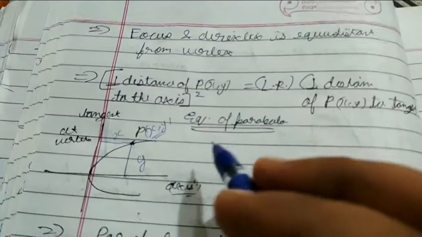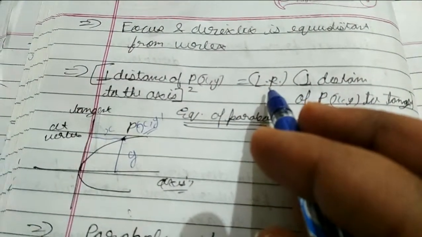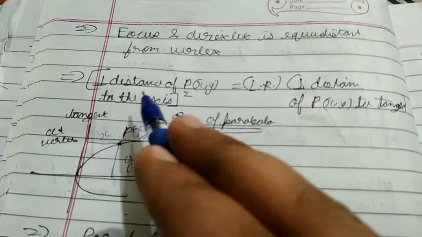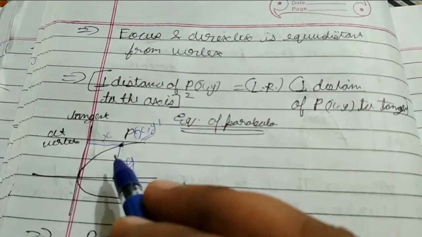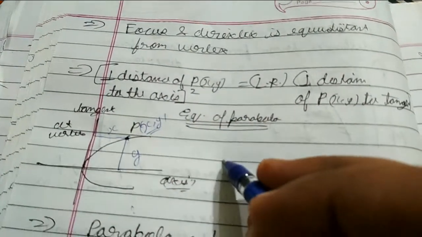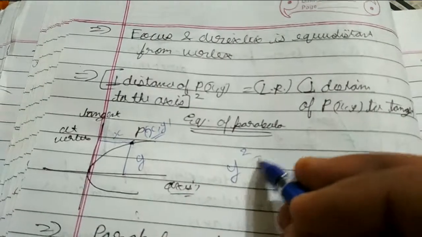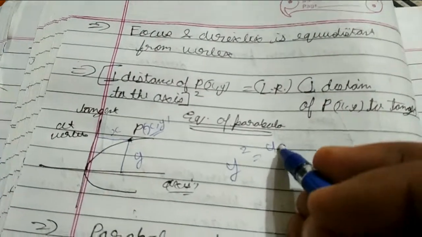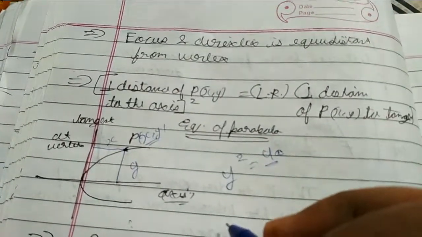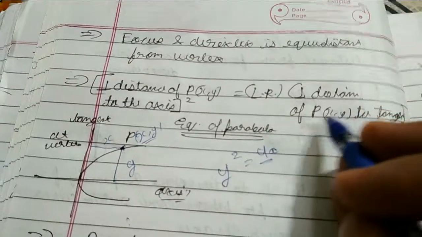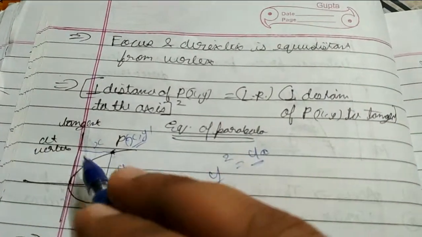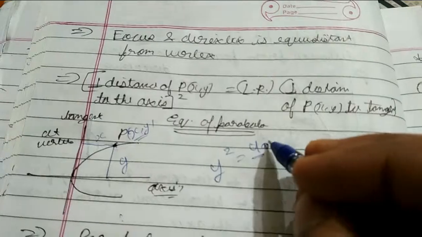Now put in the formula. The latus rectum is of length 4a. So the square of the perpendicular distance of P to the axis is 4a times the perpendicular distance of P to the tangent, that is x. Now we got the equation.